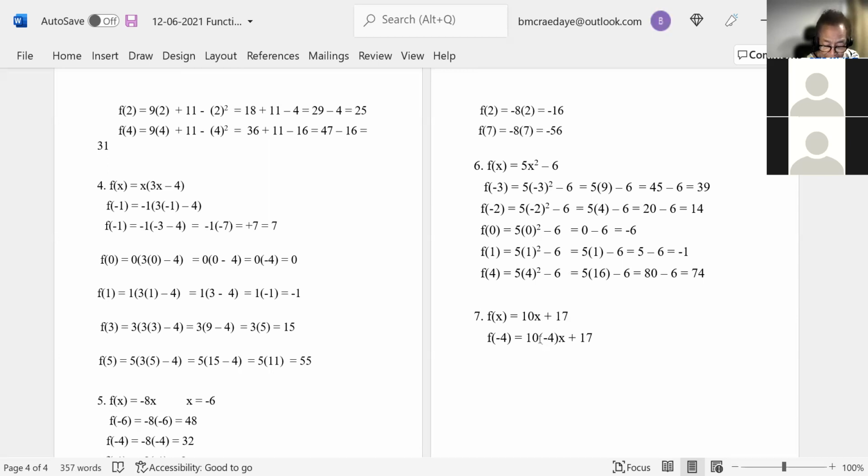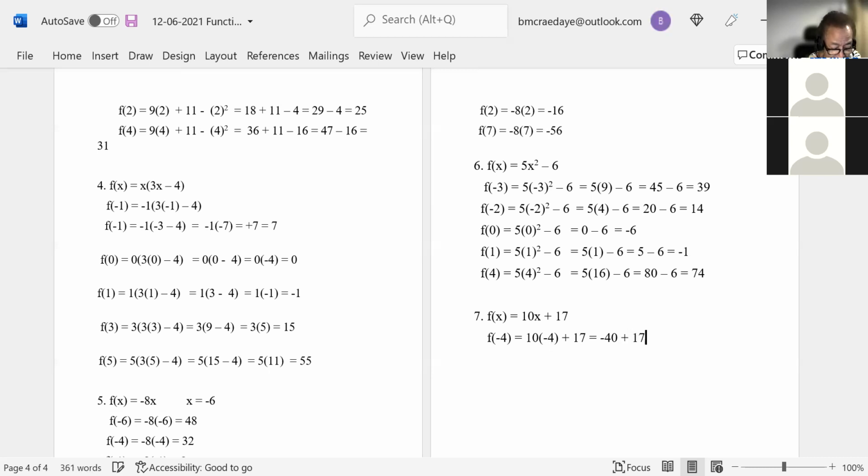What's 10 times negative 4, Chastity? 10 times 4 is 40. Plus or minus? Plus. Plus times minus gives minus. Minus, because remember, this is a plus 10 times a negative 4. So that gives you a minus 40.